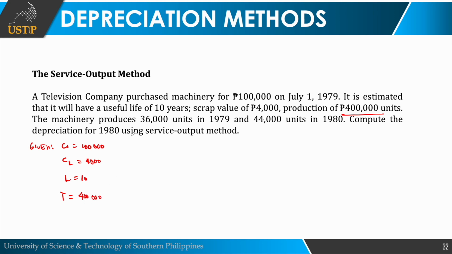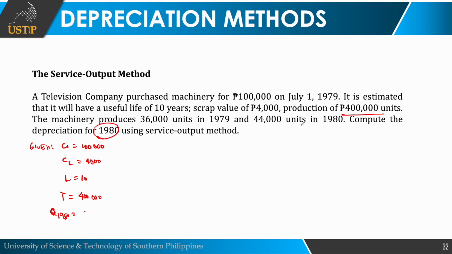We are interested in the depreciation for 1980, so we need Q, the output during 1980. So that is Q of 1980. I put the year there because 1979 could be year 1, but it started on July 1, so 1980 might be year 2.